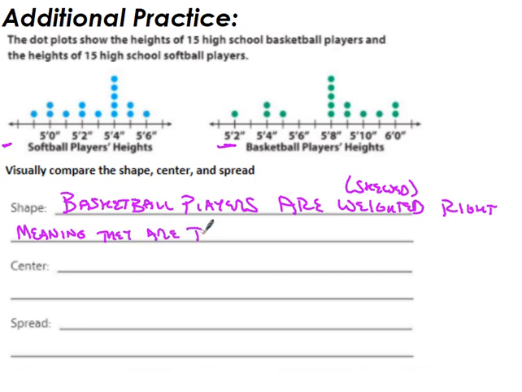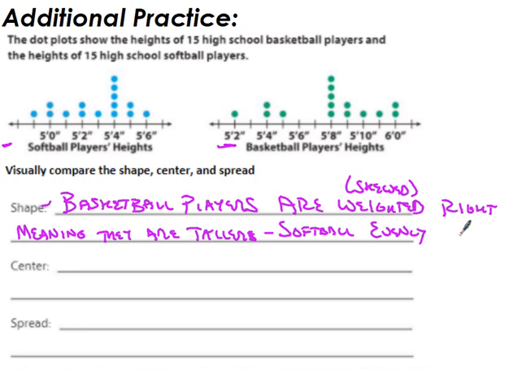Softball players are evenly distributed. I would say this is pretty evenly distributed. We have our one big, a lot of them are 5'4", but other than that, it's pretty evenly distributed. So I would put softball evenly distributed. I'm just going to put softball evenly so you don't have to see me write a bunch. But I would put evenly distributed.